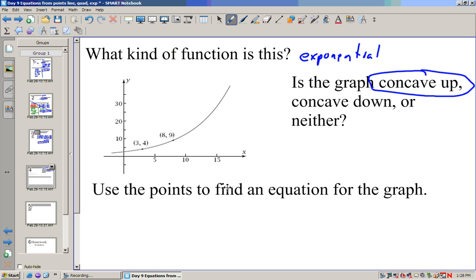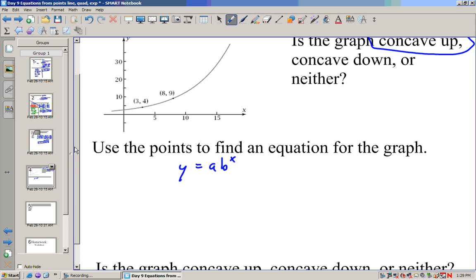Now to do this, we'll have to first think about what an exponential equation looks like. That has an x in the exponent, so a times b to the x. So let's plug in our x's and y's and see what we come out with. So we can say 4 is equal to a times b to the third. 9 is equal to a times b to the eighth.